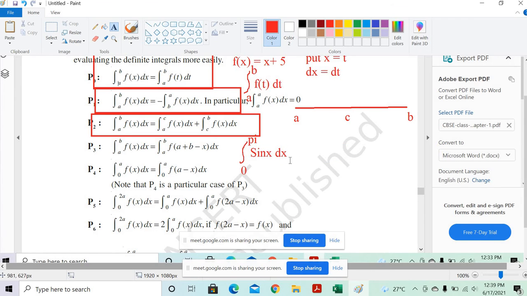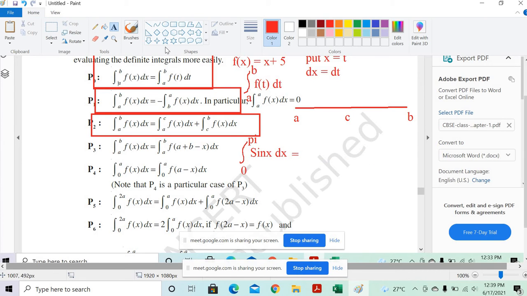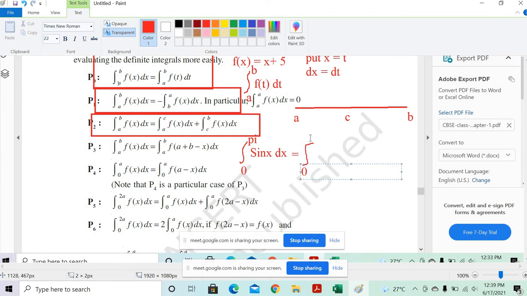Clear? So this can also be written as, understand the application first. The limits will remain the same, 0 to pi.